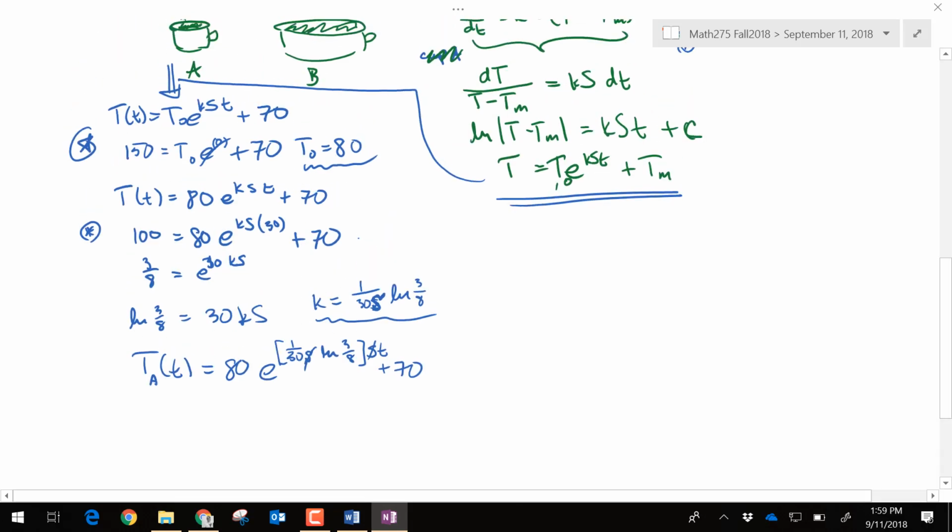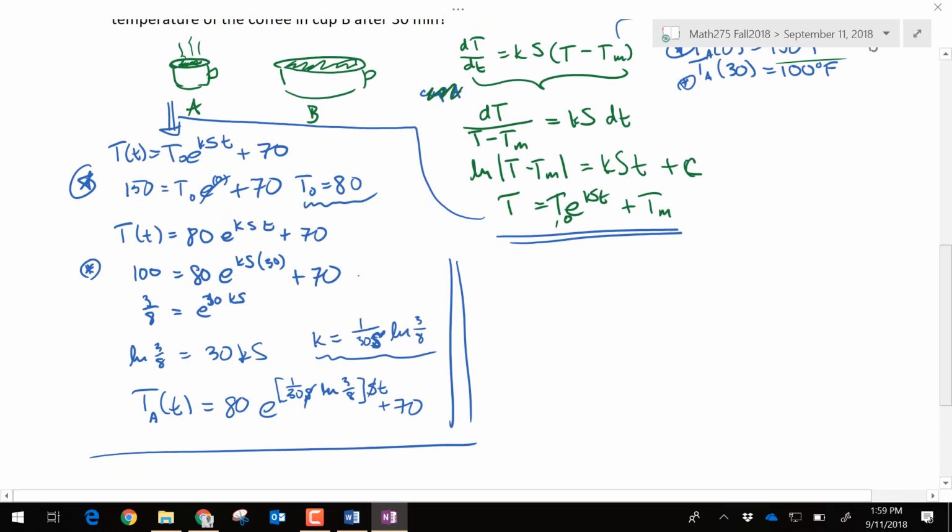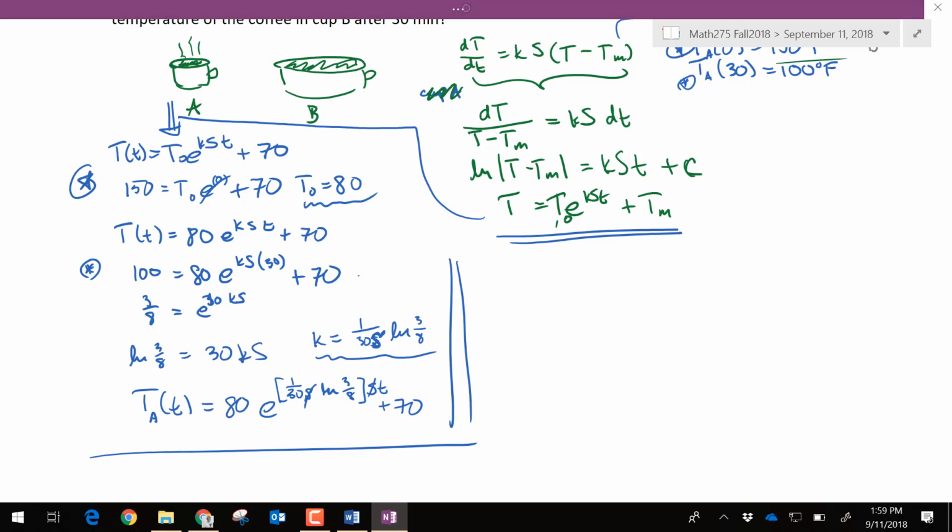So we got this information here about the cup A. Now we want to figure out what happens in cup B. I was going to say we can probably use this formula to figure out what happens, but your cup B has twice the surface area, so I think we just need to double the surface area. Instead of having S, we'll have 2S. So let me see if I can do this real quick.